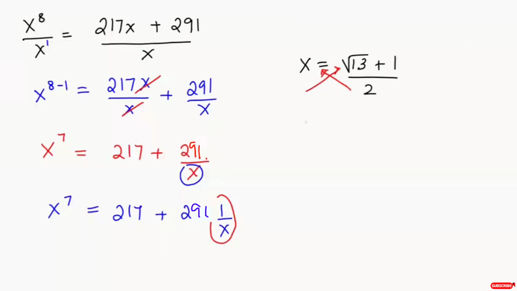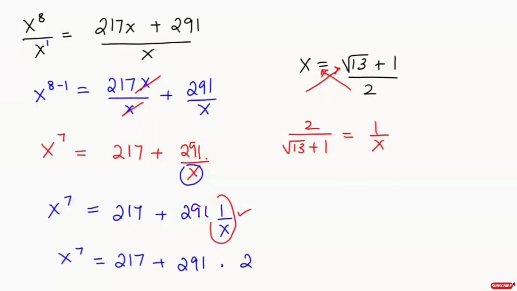So this will turn to 2 over root of 13 plus 1 is equals to 1 over x. Now I'm going to plug in this 1 over x value here. x to the power of 7 is equals to 217 plus 291 times 2 over root of 13 plus 1.